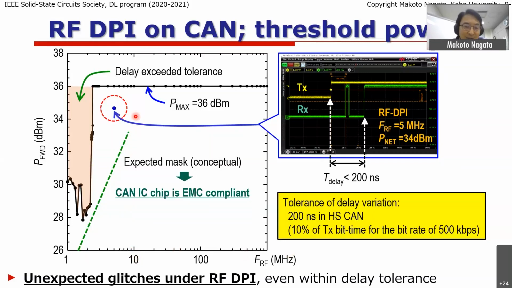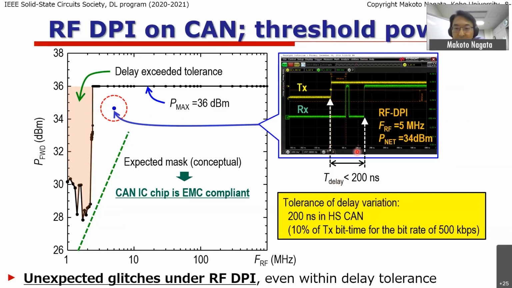Those requirements are set basically by the industry environment. And what I want to show you is that even in the OK area, if you put some power, the RF of 5 megahertz at 34 dBm, the tolerance by definition in this case for the CAN is a delay variation within 200 nanoseconds.